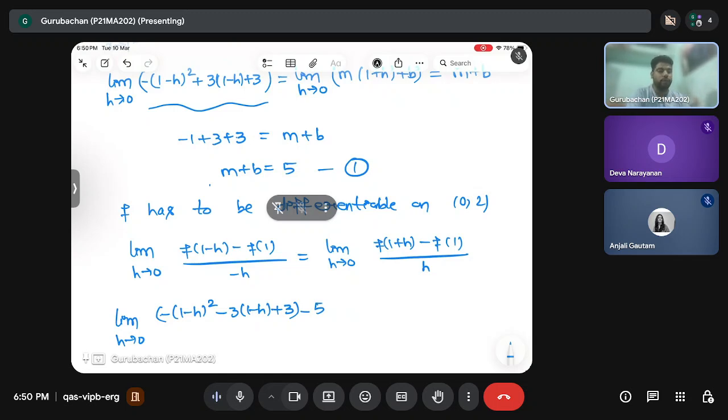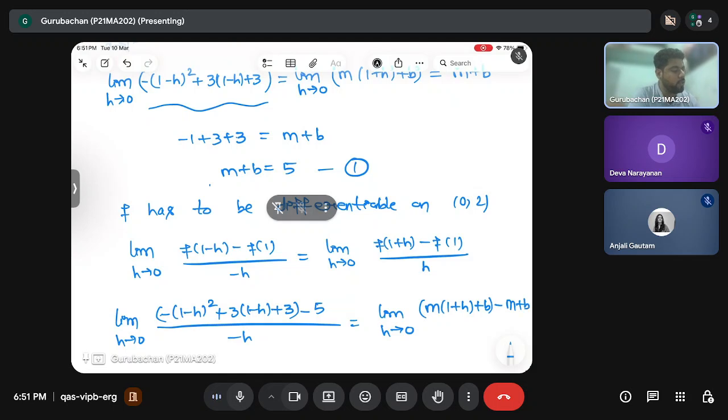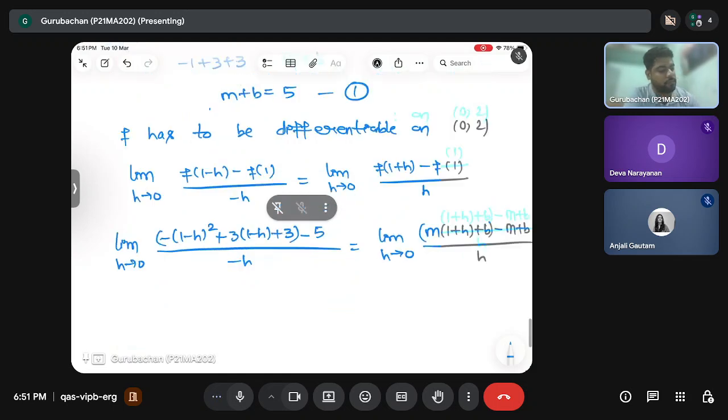We will substitute 0, you will get 5. So divided by minus h, and next is limit h tends to 0, f of 1 plus h minus f of 1. So for this our function will be m plus b minus f of 1, that is m plus b, divided by h.